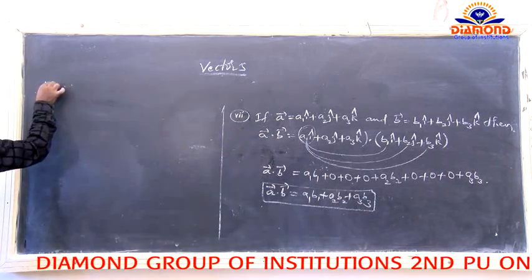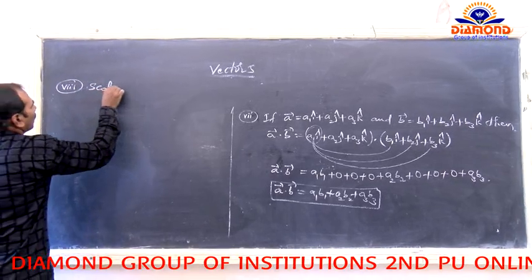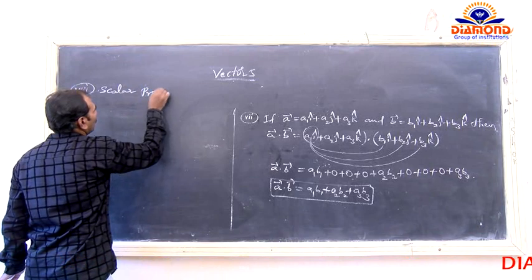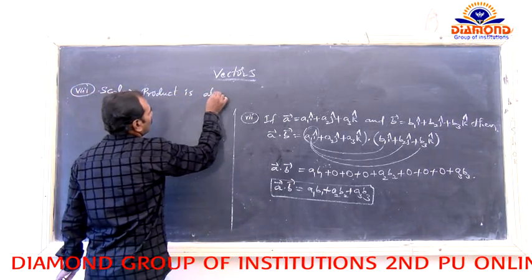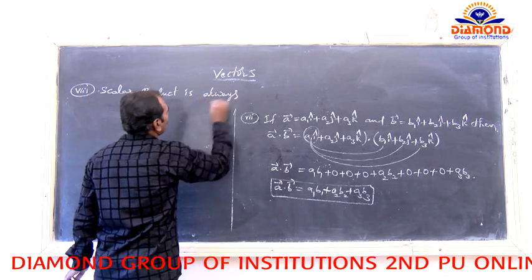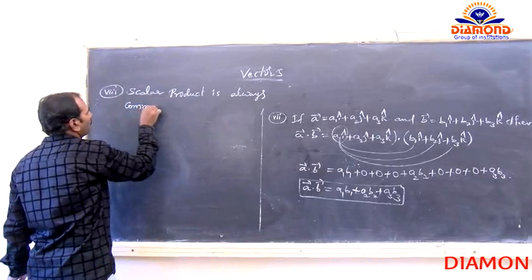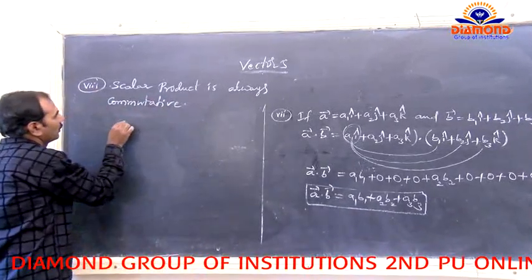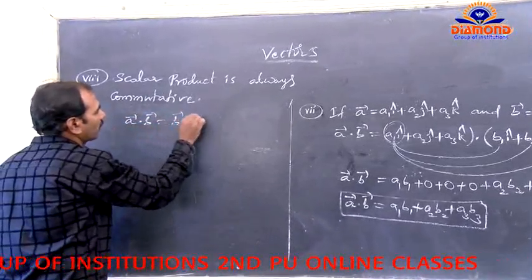Next, scalar product is always commutative. It means A vector dot B vector equals B vector dot A vector.